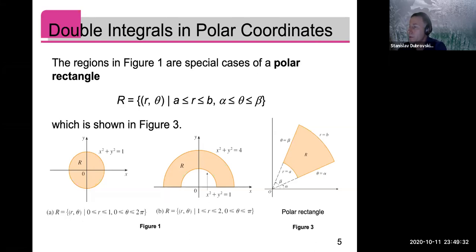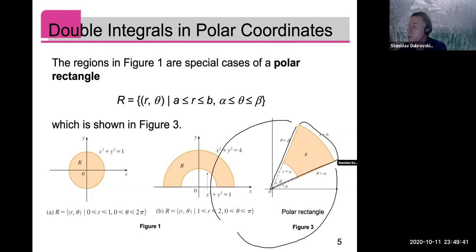So for that, maybe it's a good idea to remember the area of the polar sector. So what would be the area of the entire sector if we go like this? Area of the sector. So try to figure it out. Pause the video and try to figure it out.